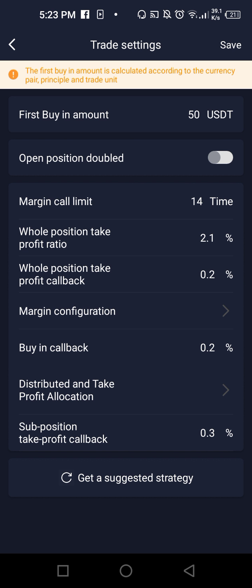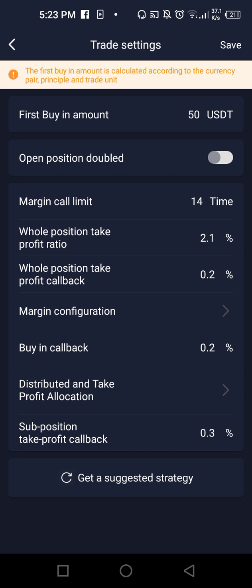So I can only do one, and the other option to do it is this double option. Once you click on double, once it is buying 50, it will buy 50 in two different positions. And for the different margin calls, whatever is happening to the first position is also happening to the second. So you have two things running side by side.